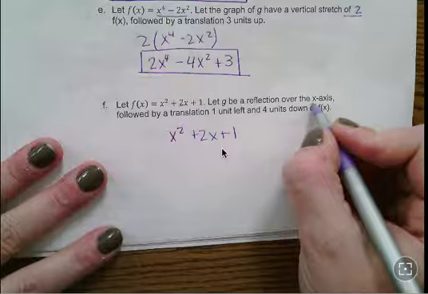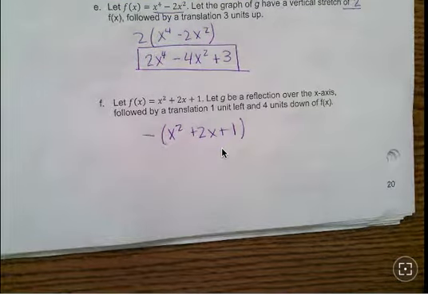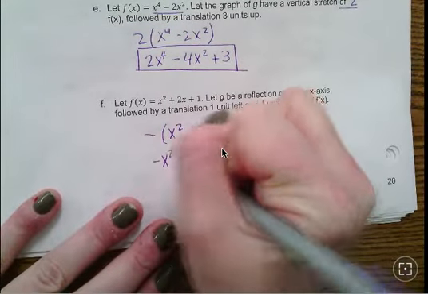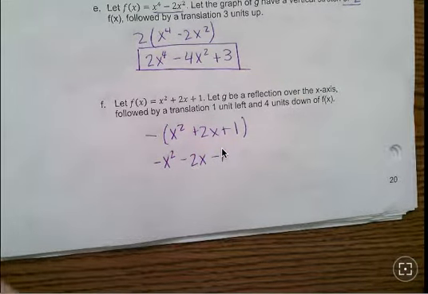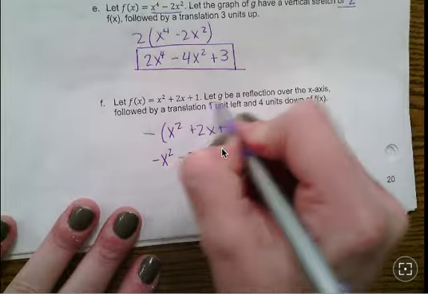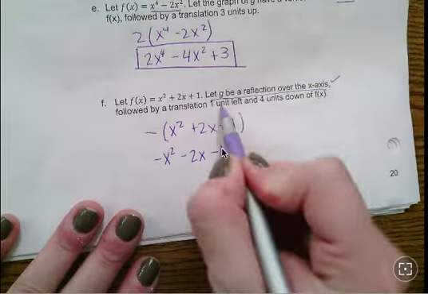A reflection in the x-axis takes everything and flips it. So that's the same thing that's going to happen here. We've got a negative x squared minus 2x minus 1. And then, so that's the reflection. So we're good there. Let G be a reflection over the x-axis. Done. Followed by a translation, 1 unit left.